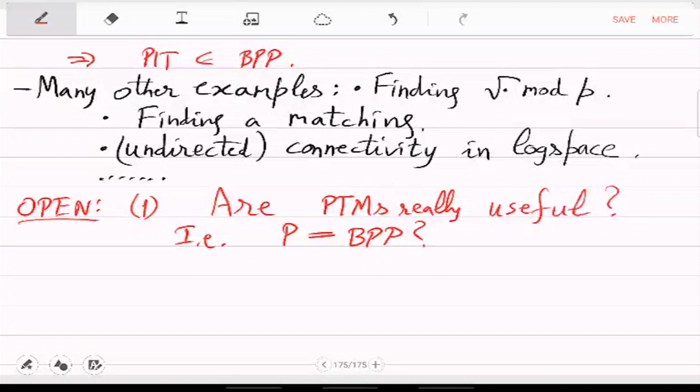Are PTMs really useful in terms of efficient algorithms, or can every PTM be converted into a deterministic Turing machine? So that is the question of P equal to BPP. It is conjectured that PTMs are actually not needed, up to polynomial time. So there is theoretical evidence for yes. There exists theoretical evidence.